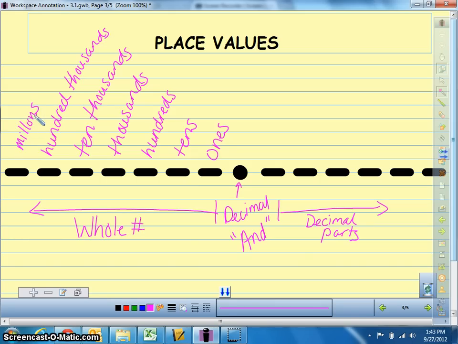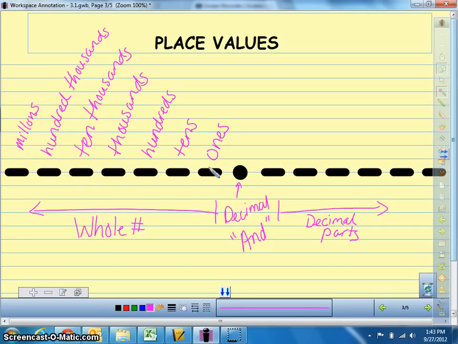But you should be pretty familiar with those. They kind of follow a pattern, with the exception of this first one, ones. Everything goes tens, hundreds, thousands, 10,000s, 100,000s, millions, 10 millions, 100 millions, trillions, and so on. They kind of follow a pattern.